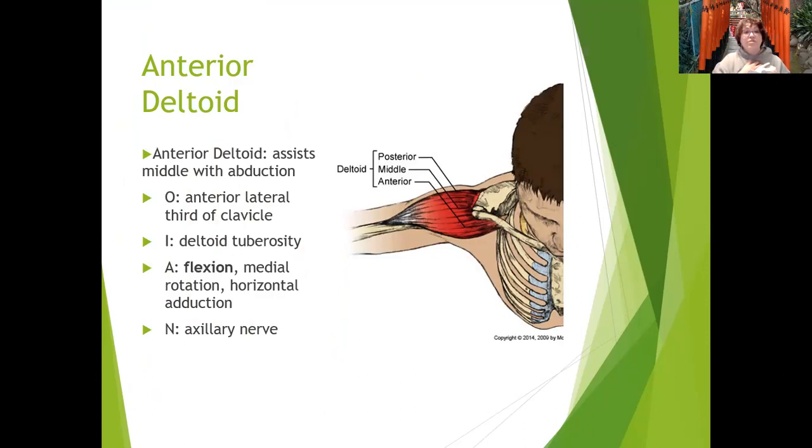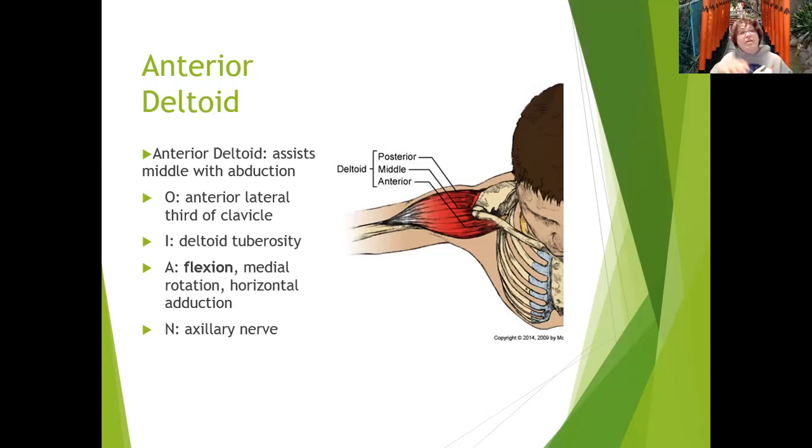So the anterior deltoid goes on the anterolateral third of the clavicle. The middle deltoid keeps going around the corner, and then the posterior deltoid is on the spine of the scapula. So it kind of frames that little arch going around the acromion, from the clavicle to the acromion. So that's all three heads of the deltoid.